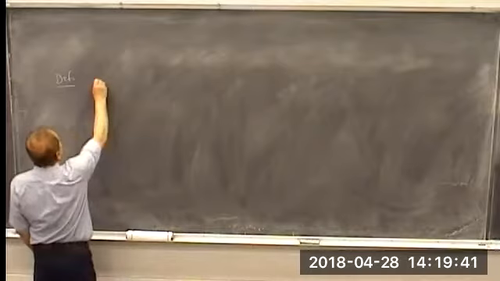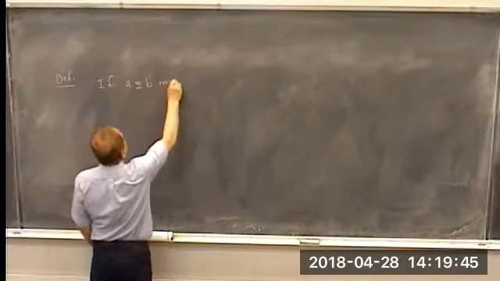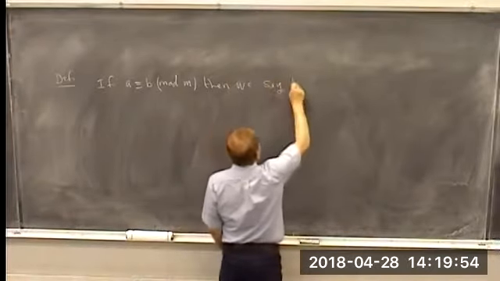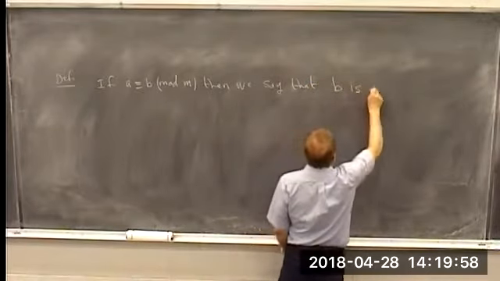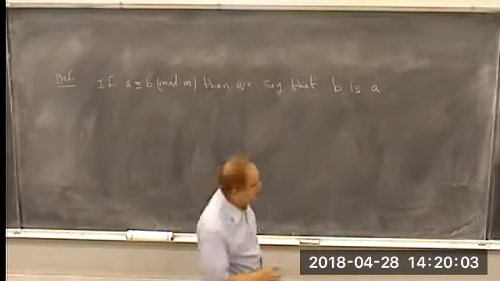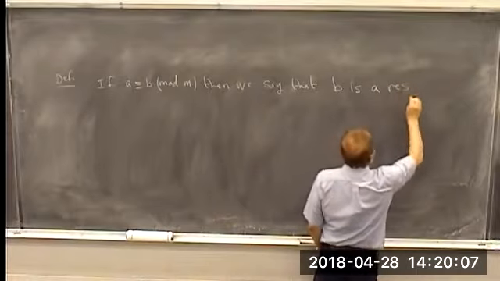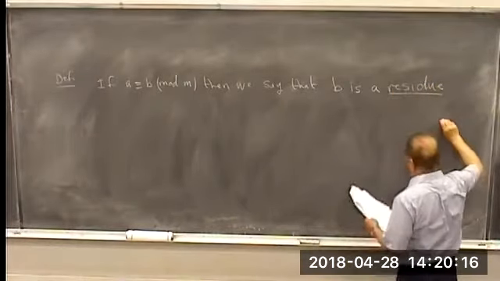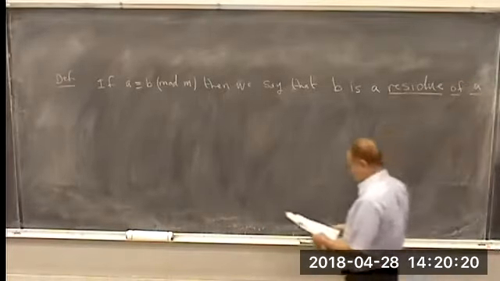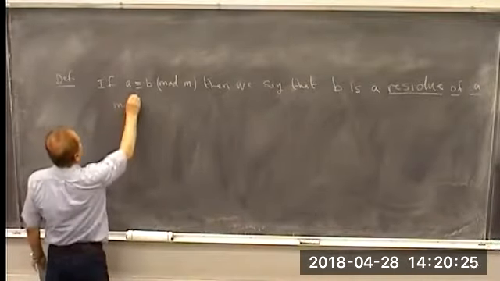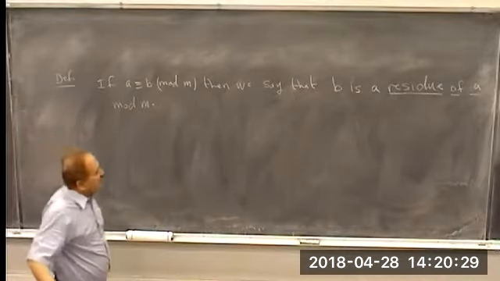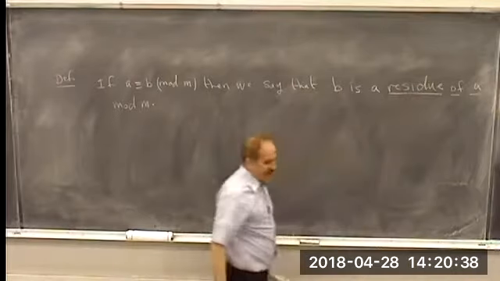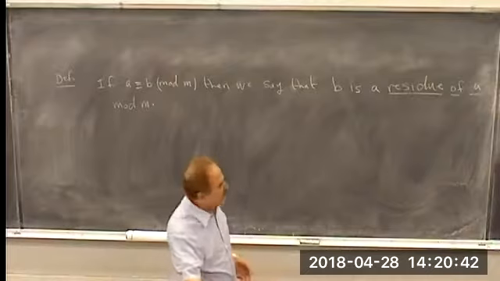If A is congruent to B mod M, then we say that B is a residue of A mod M. So this is, again, another way of expressing the relationship between A and B. And this is an appropriate name because the word residue means something left after doing something.